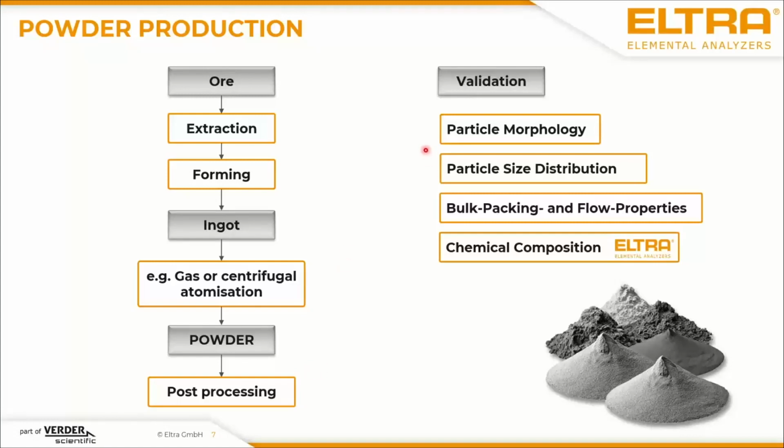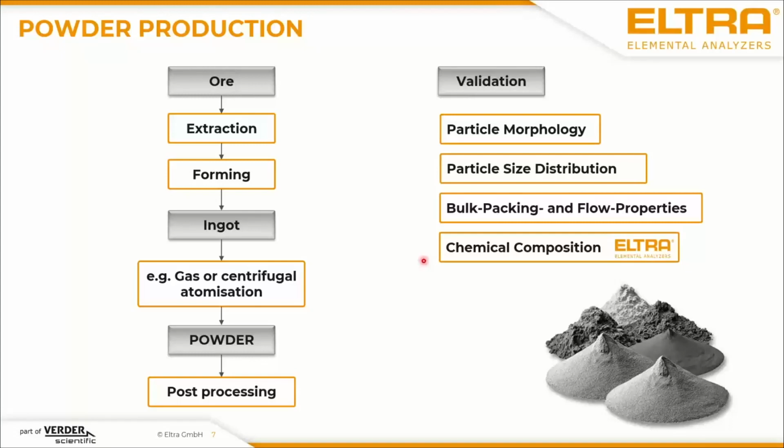First of all, it's the particle morphology. Kai gave us information about that and how you can get information about the particles and the morphology, as well as the particle size distribution with products from Microtrac MRB. Bulk packaging and flow properties as well, and very important, and this is where we come into the game, is the chemical composition.